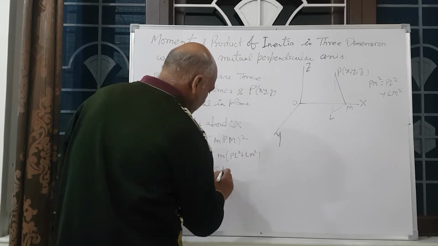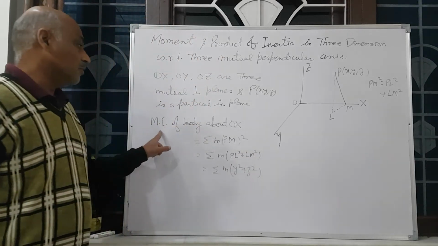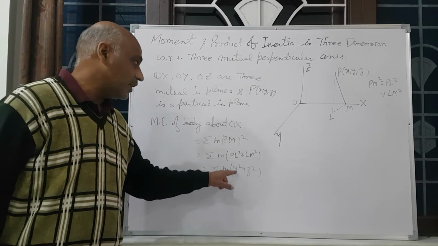So from OX it is summation m Pm square, which means summation m times PL square plus Lm square, that is summation m (y square plus z square). So the moment of inertia about OX is summation m (y square plus z square).